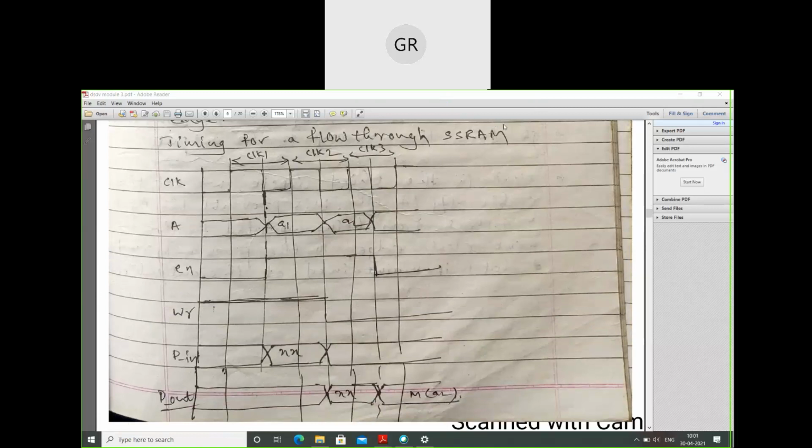This is clock 1, clock 2, and clock 3. Address register, address A2.